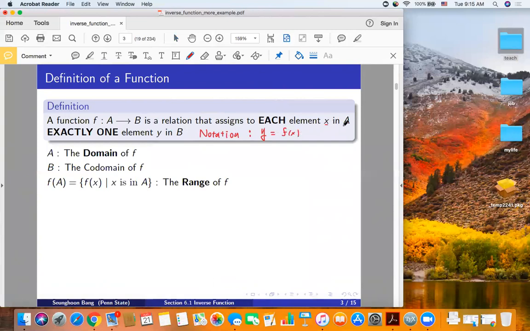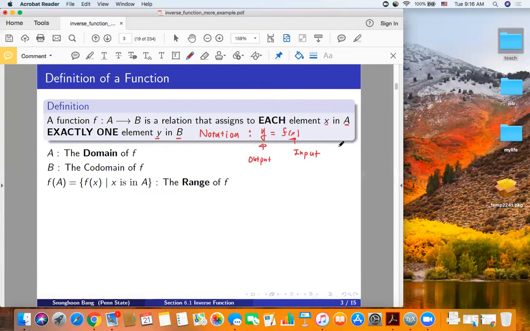This x value is in A, the domain, and the y value is in B, the codomain. We call y the output and x the input. So this is another name.